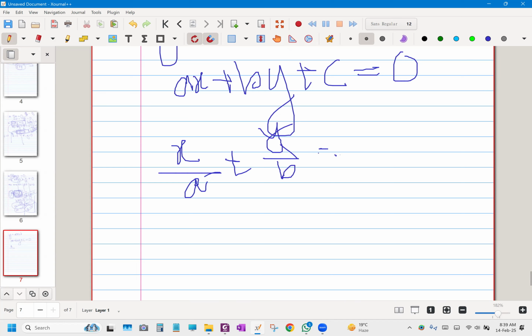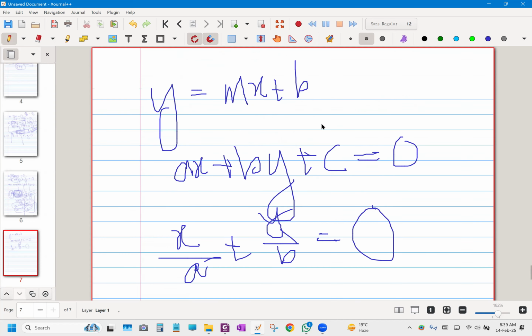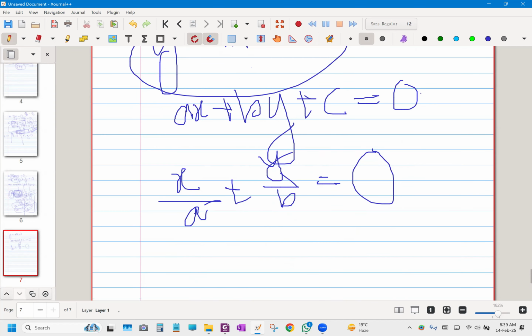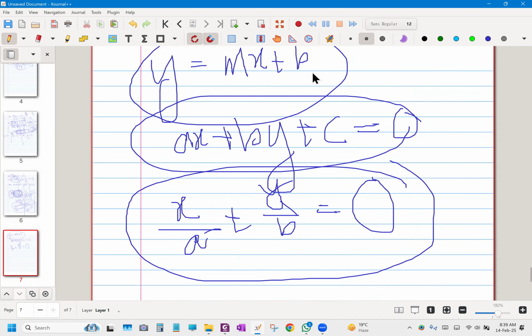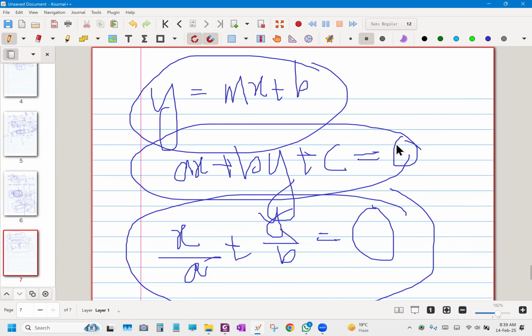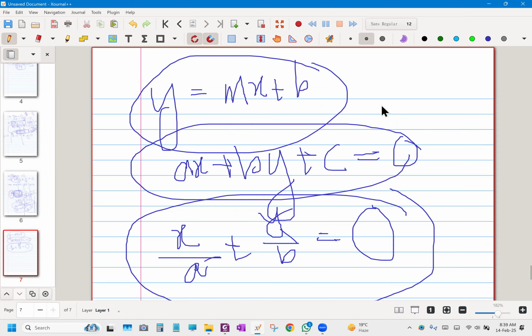These are all forms of the equation of a straight line.